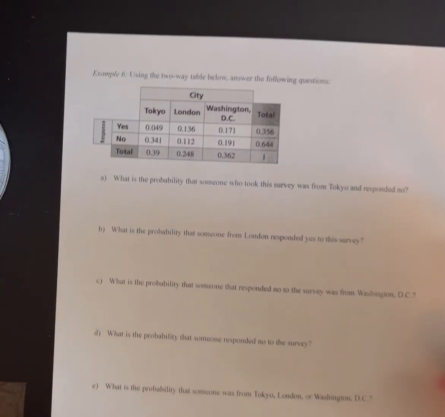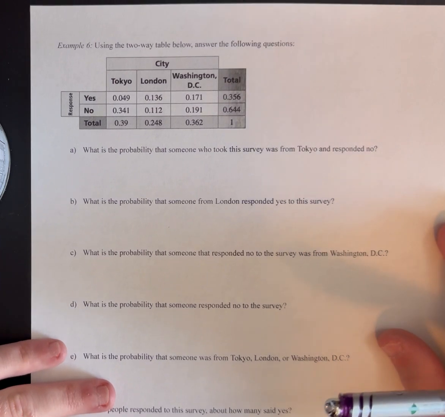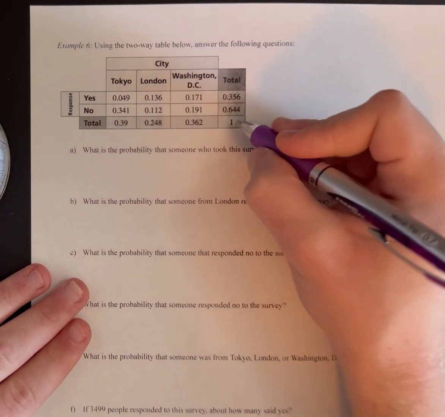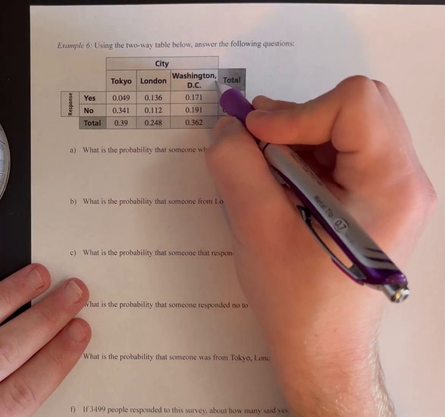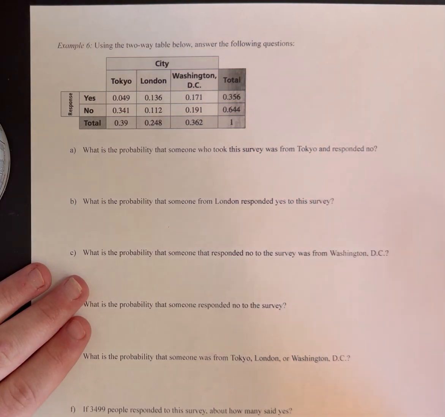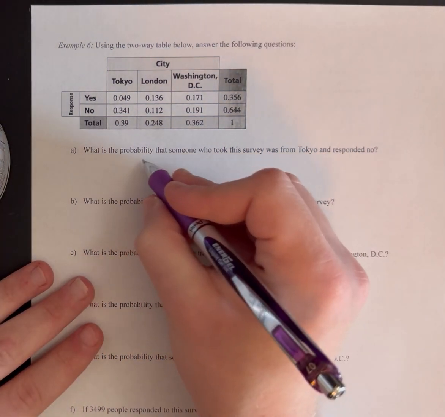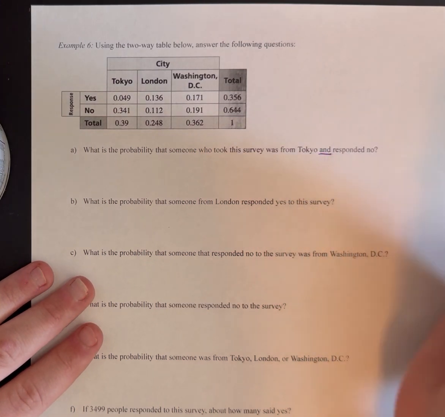It's just one big problem using these joint relative frequencies. So using the two-way table below, answer the following questions. Here's a bunch of joint relative frequencies. They all add to 1. They are from different cities. They responded yes or no to the survey. Does it matter what the survey was about? No. It's just a bunch of math questions right now. So what is the probability that someone who took this survey was from Tokyo and responded no?